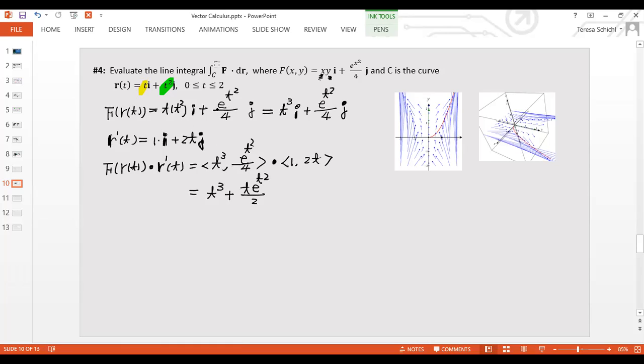Because they have defined t for you, that's nice. So I change the whole thing: I'm changing the line integral of F dot dr into a single-variable basic integral like we learned before, from 0 to 2, of t cubed plus 8te^(t squared) dt.